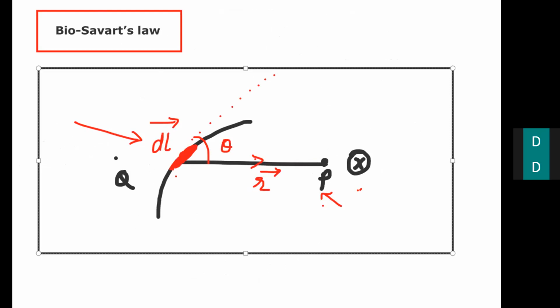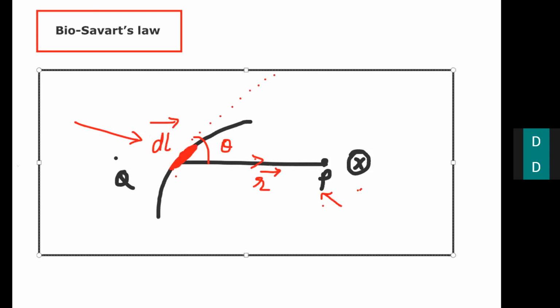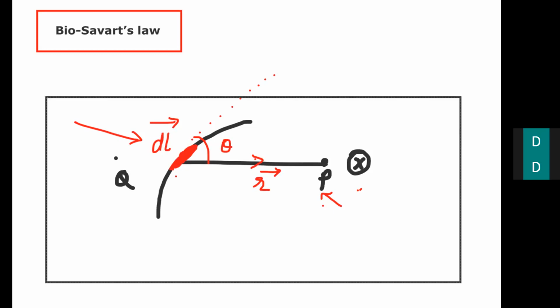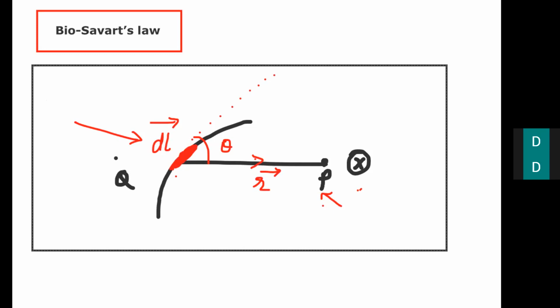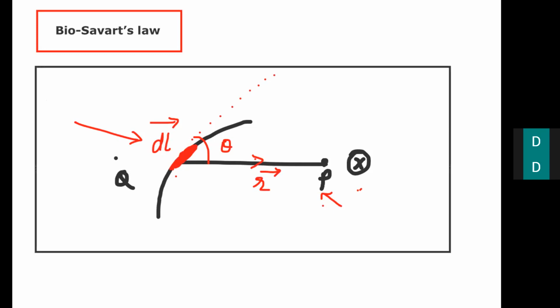Imagine me putting my stylus pen on the screen in a vertical manner. That is how the magnetic field is going in, and there is a point P here.